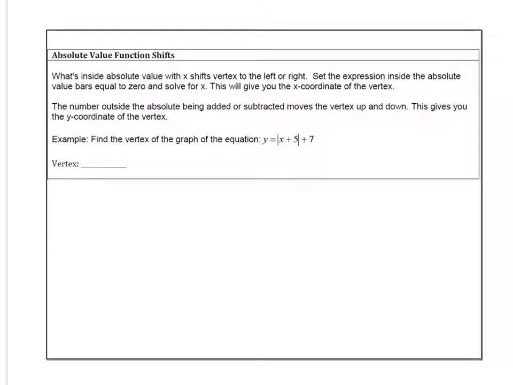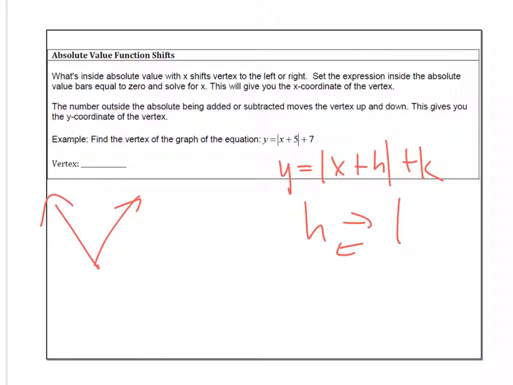All right, so absolute value function shift. When you have the absolute value, the graph of the absolute value looks like a perfect V. Then you have different ways of moving this around. What I like to do is say this: |x + h| + k. H is going to move left or right, k is going to move up or down.